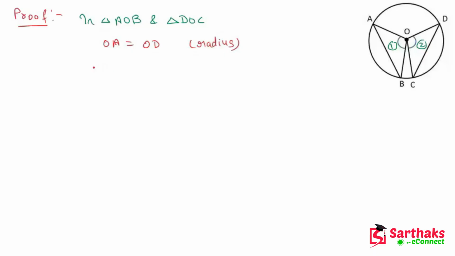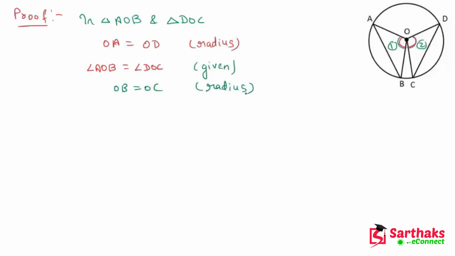And angle AOB is equal to angle DOC, and the reason is this is given. And OB is equal to OC, this is radius.